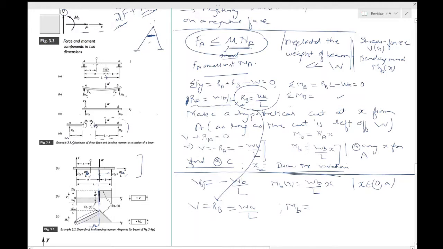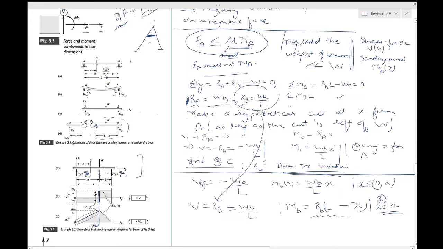That would make it RB of L minus X. The cut is now made at X equal to A, which is where W acts, so that's why W is not appearing in this one.